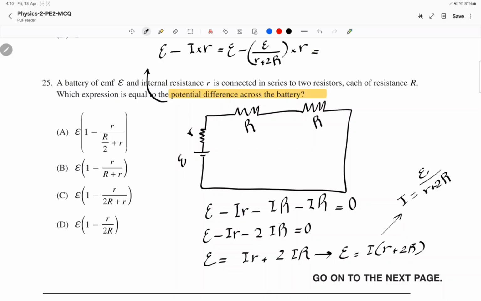And it seems that here they factored the EMF out. I'll do the same thing. So EMF times 1 minus small r over R plus 2R. And the answer is choice C.